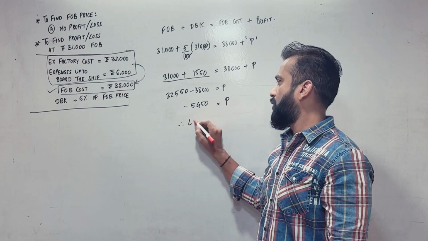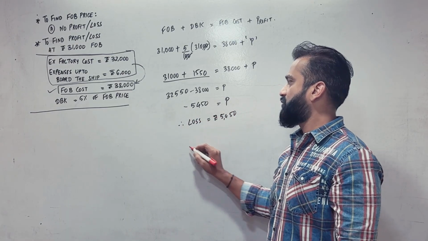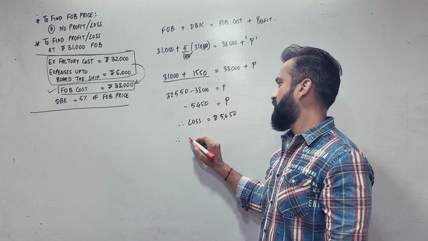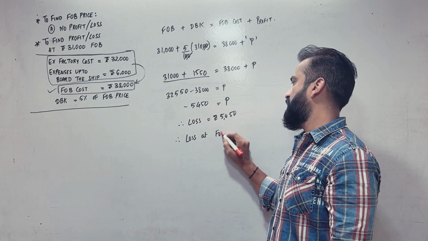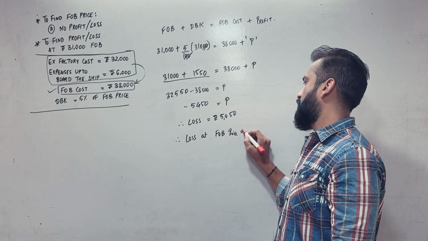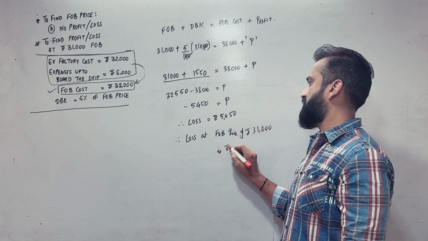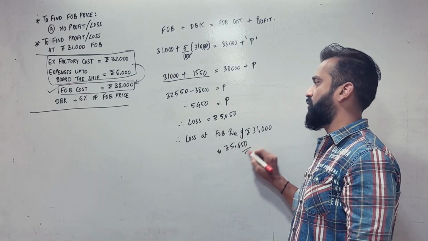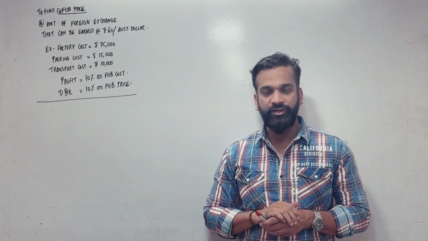Therefore, loss is equal to rupees 5,450. So I can write, therefore, loss at FOB price of rupees 31,000 is rupees 5,450. Is this clear?